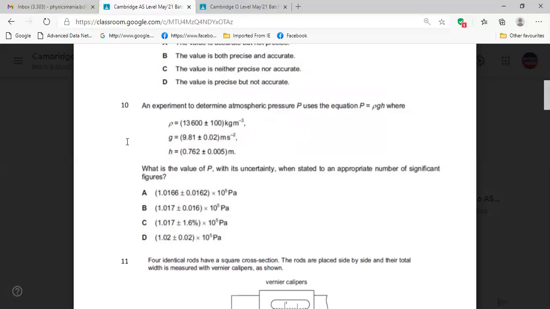So how will you do that? First you find P. First you find P.